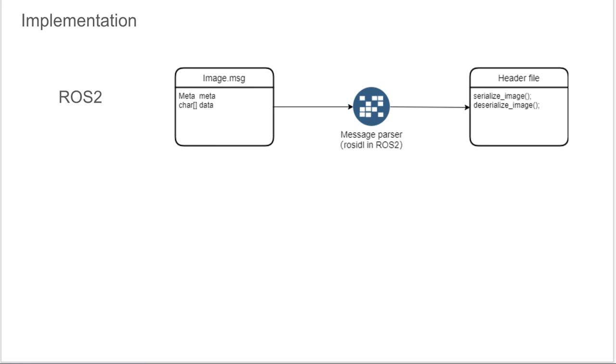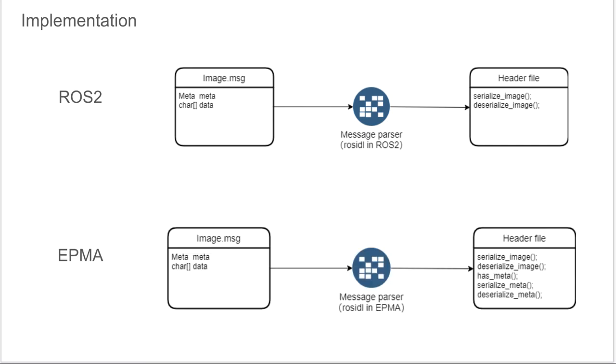By using these two functions, the programs can only access the whole messages. We change the parser to generate several functions, which have meta, serialized meta and deserialized meta.